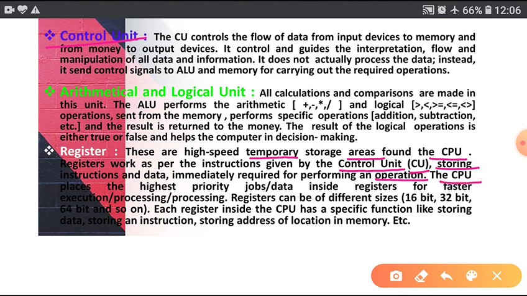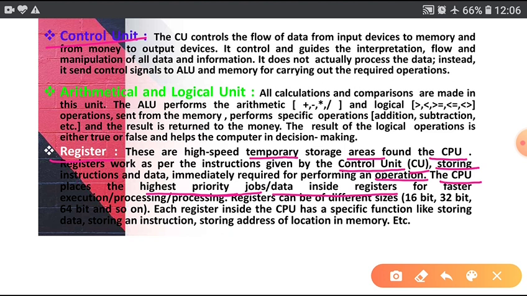The CPU places the high priority job data inside the register for faster execution processing. High priority job, which job is going to be done first, is stored in register.